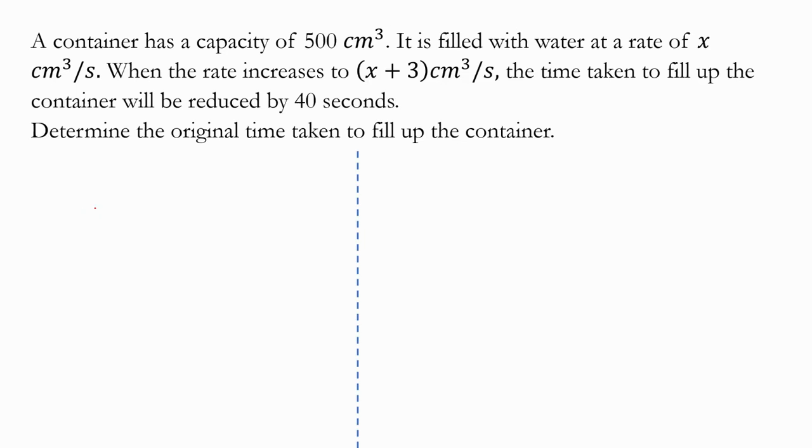A container has a capacity of 500 cubic centimeters. It is filled with water at the rate of x cubic centimeters per second.